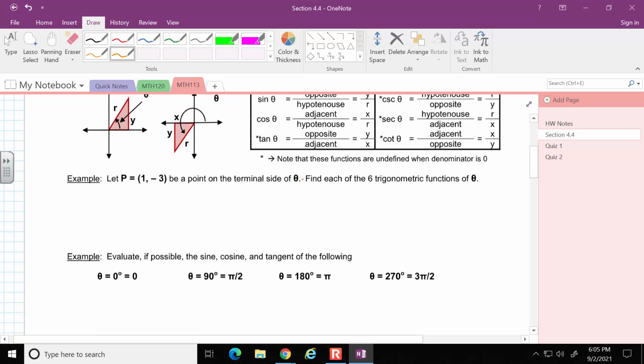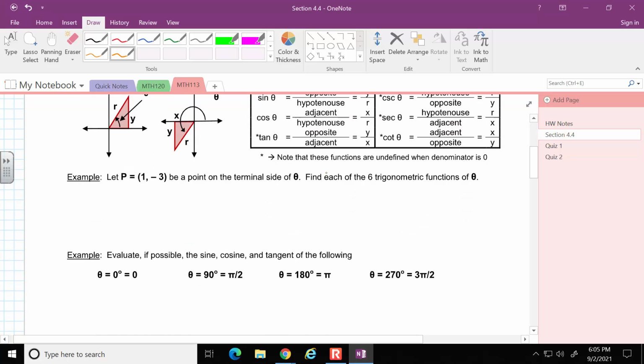So when I do that, I can sketch it out. (1, -3) means I've come over here 1 and -3, so that's going to be down here somewhere. I'll just sketch it out. So this is a point on the terminal side of my angle.